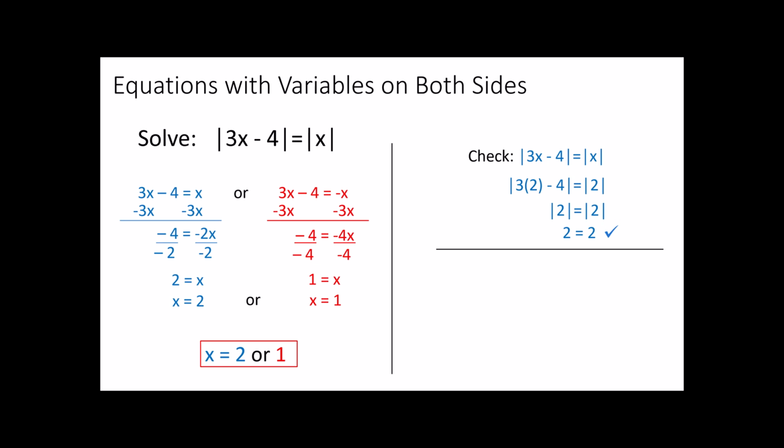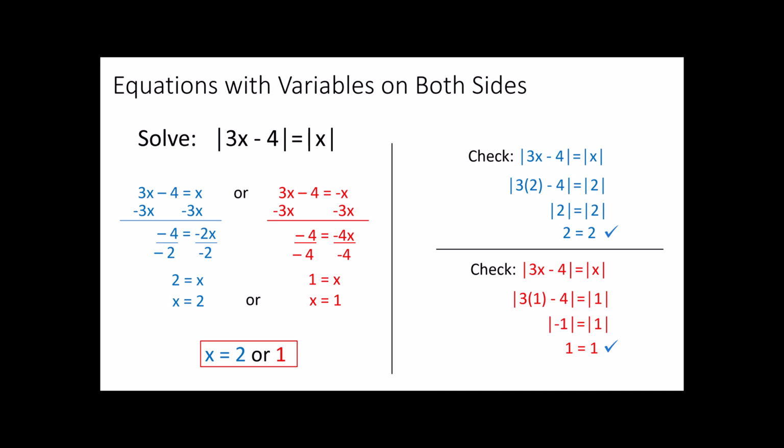If the sides don't match, then I know this value does not work, and I've either done something wrong or it's just a value that doesn't work. Since this has two solutions, we do have to check them both. So once again, I rewrite the original problem, substitute in the value I said should work, and simplify. In this case, you will notice that both the solutions that we found would work.